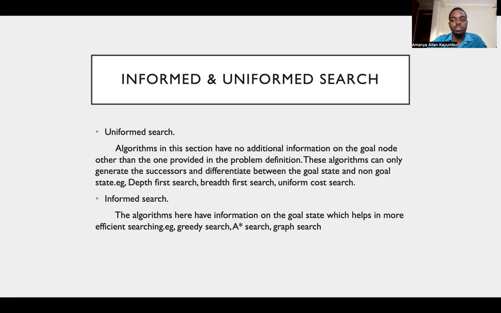Examples of uninformed search would be depth-first search, breadth-first search, and uniform cost search. For informed search, the algorithms have information on the goal state, which helps in more efficient searching. These are greedy search, A star search, and graph search.